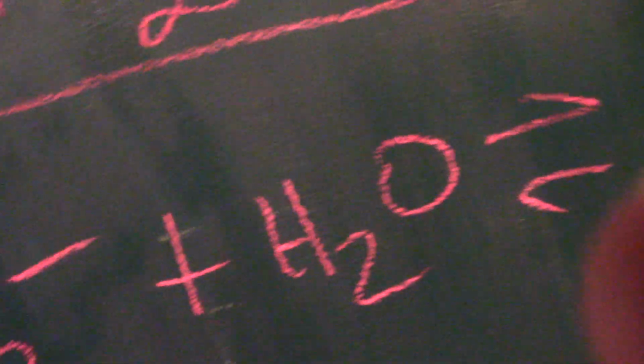So we have to dissociate this, and now I can make an equation. So that is NO2 negative plus H2O makes HNO2 plus OH negative.